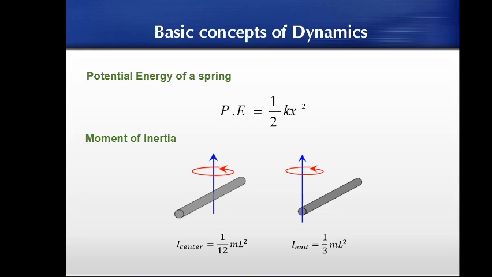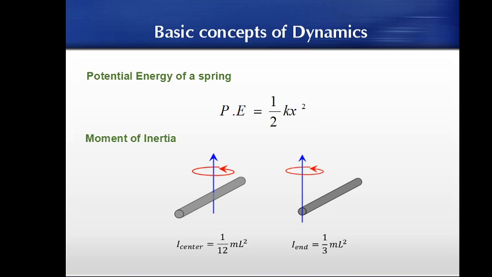Now, as per your syllabus, we need to calculate the moment of inertia in the case of rotational kinetic energy. For that, there are two cases in most robotic systems, because we consider the links of a robotic system as rods, or thin rods.